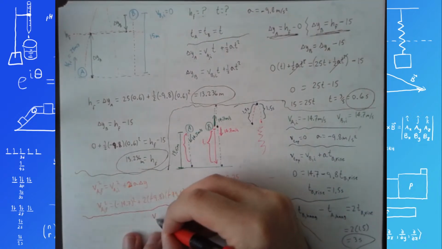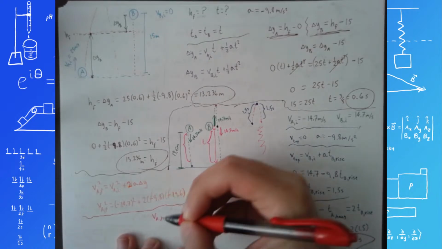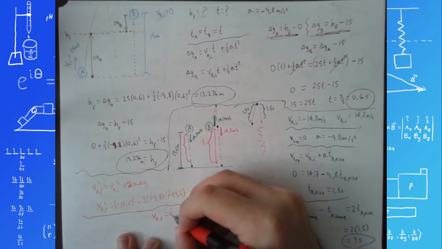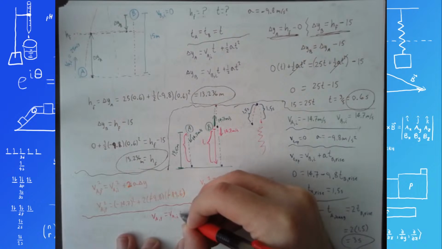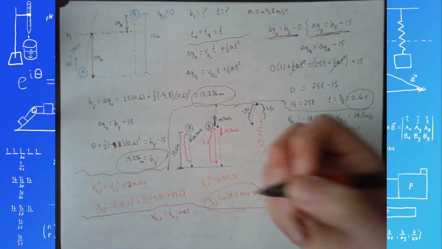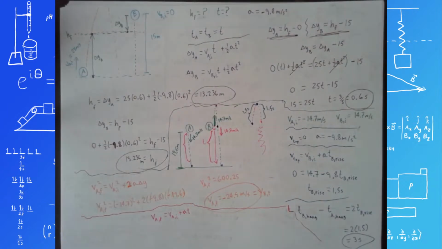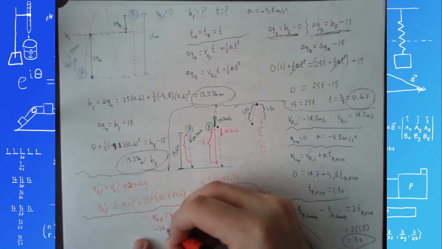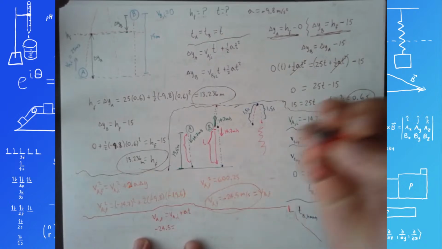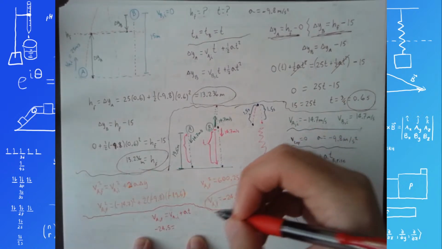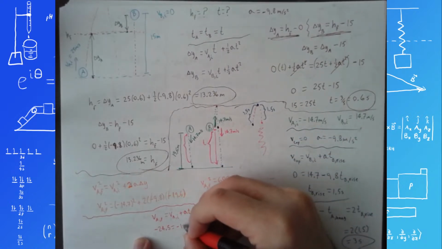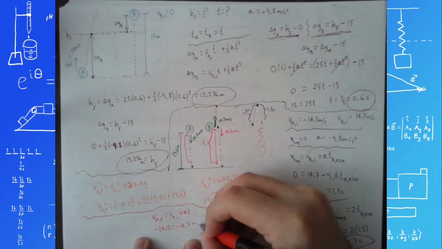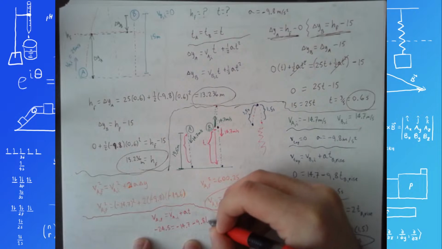If I do VA final equals VA initial plus acceleration times time, how much time does it take ball A to fall? Negative 24.5 equals negative 14.7 plus negative 9.8t, so minus 9.8t.